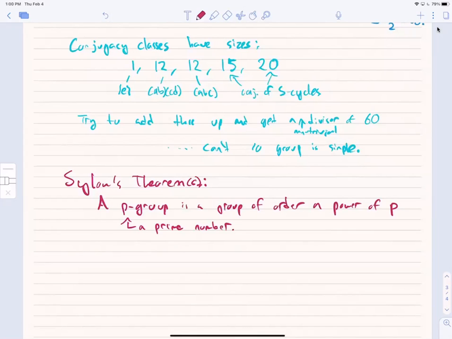And so then if H is contained in G, H is a P subgroup if it's a P group.